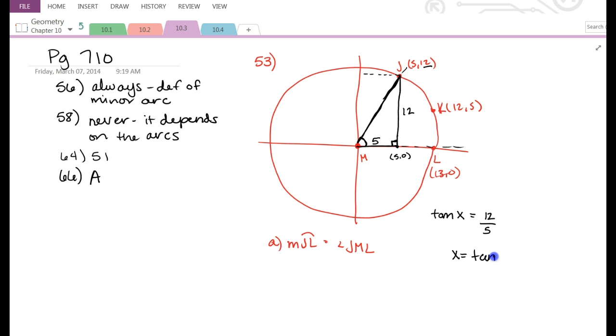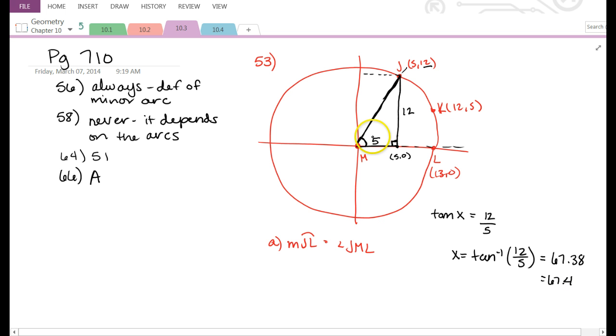So tan inverse of 12 over 5 gives me about 67.38, but it wanted me to find each arc measure to the nearest tenth. So 67.4, because that's the angle, is 67.4, so that's also the measurement of my arc.